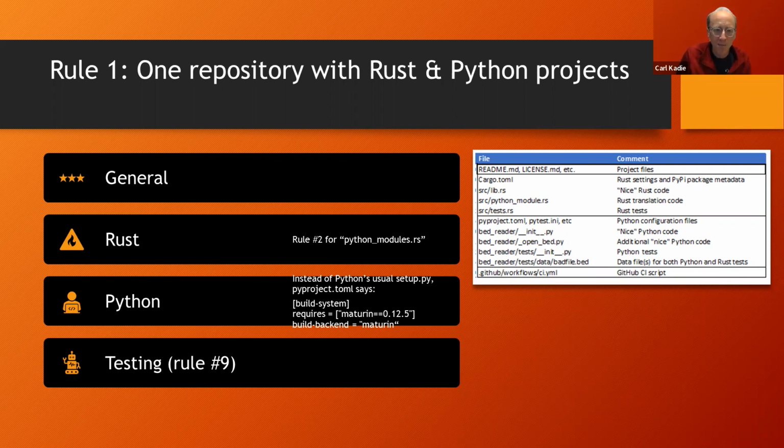So instead of setup.py, we can have pyproject.toml, and it can say that instead of using the default build system, we want to use a special build system called, and I can't pronounce this necessarily correctly, Maturin, and this is a build system especially for Rust code, and we'll talk about that presently.